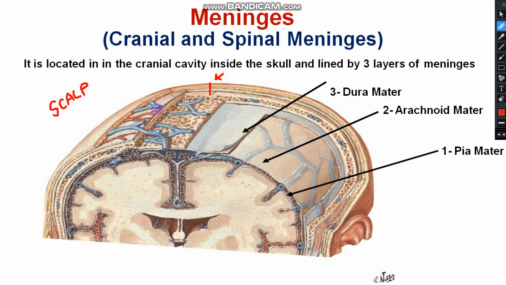Over this epicranial aponeurosis we can see large blood vessels. Then moving more superficially, the layer is connective tissue, the dense subcutaneous tissue. Then skin, the outermost layer. This is the arrangement of the scalp that we saw during our lecture.